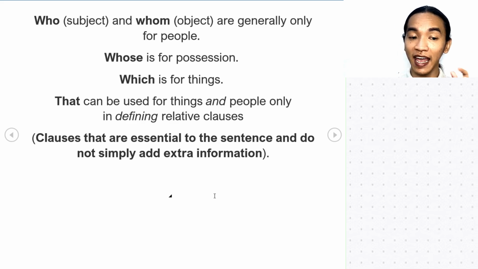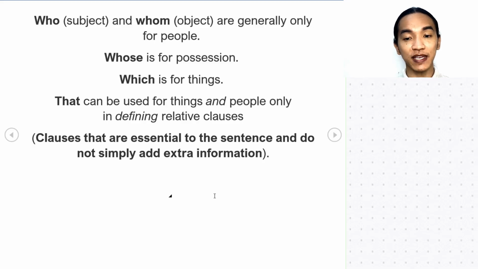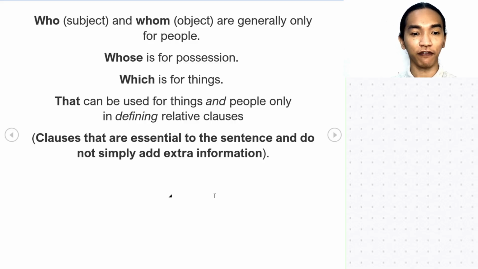Okay, on the other hand, that can be used for things and people only in a defining relative clause. Wow, that's another term. Defining relative clause. Okay, so when we say defining relative clauses, these are the clauses that are essential to the sentence and do not simply add extra information.